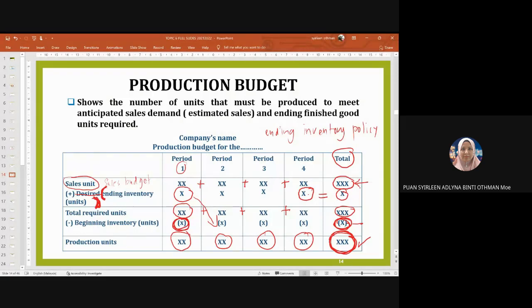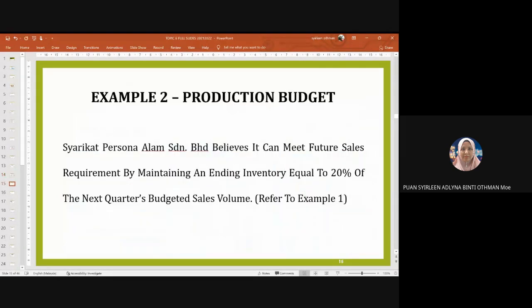You see I put an asterisk here. These two items are not sums, but you need to know that the ending inventory is the last inventory in the fourth column, and the beginning inventory is the first figure in your budget in the first column. Alright, let's go through the question.